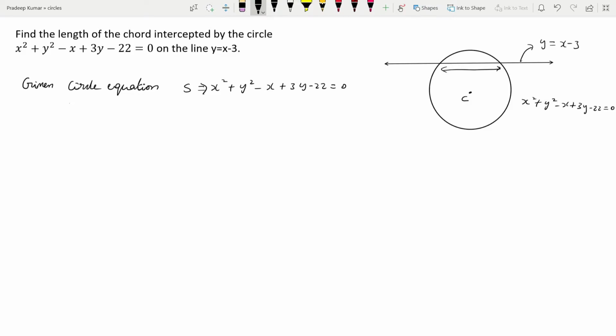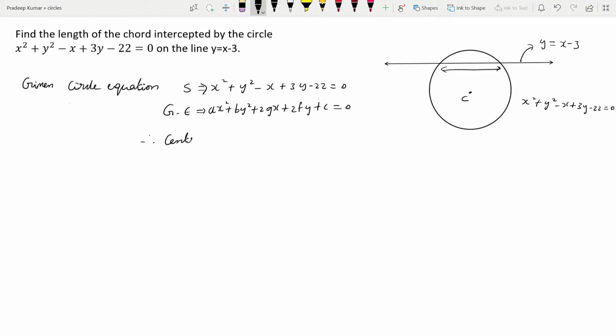For that I'll compare this given equation with the general equation of the circle. What was the general equation? ax² + by² + 2gx + 2fy + c = 0. By comparing the general equation with the given equation we can find the center of the circle.